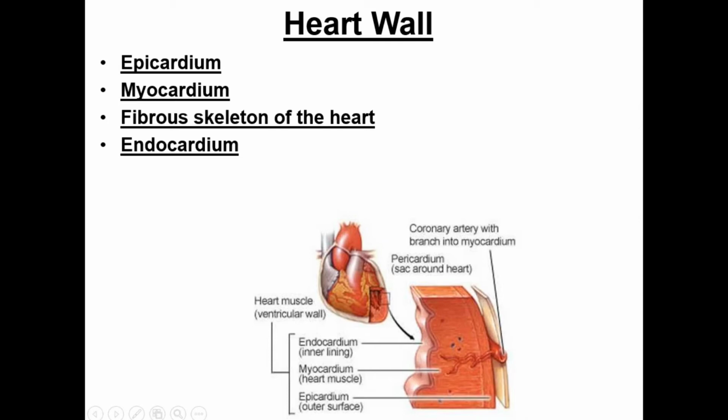The epicardium is the outermost layer. Then is the myocardium, the cardiac muscle layer forming the bulk of the heart. Then is the endocardium, the endothelial layer of the inner myocardial surface.